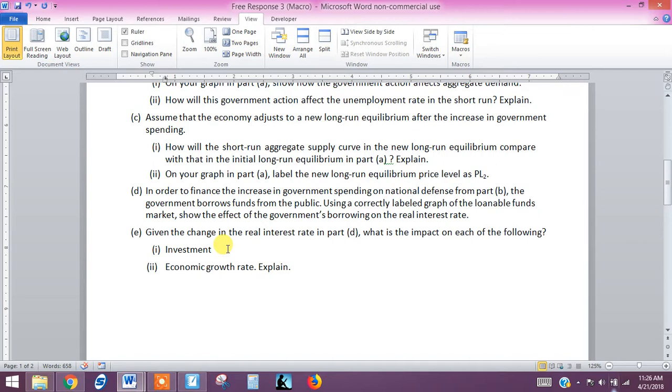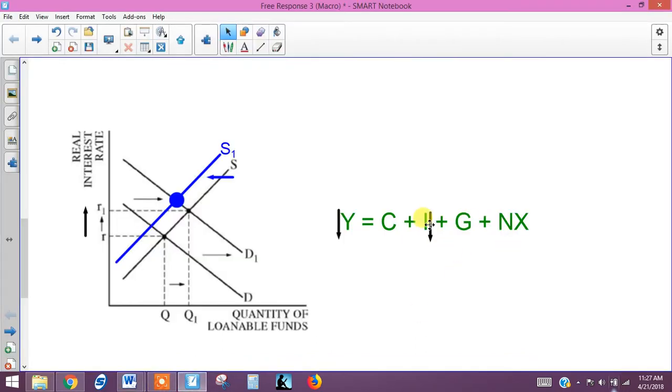So that is going to mean that the rate of economic growth is going to slow down. It's going to be reduced. And we can show that if we think about our GDP, Y, output equation, which I have right here. If we have less investment, this is a component of overall output or real GDP.